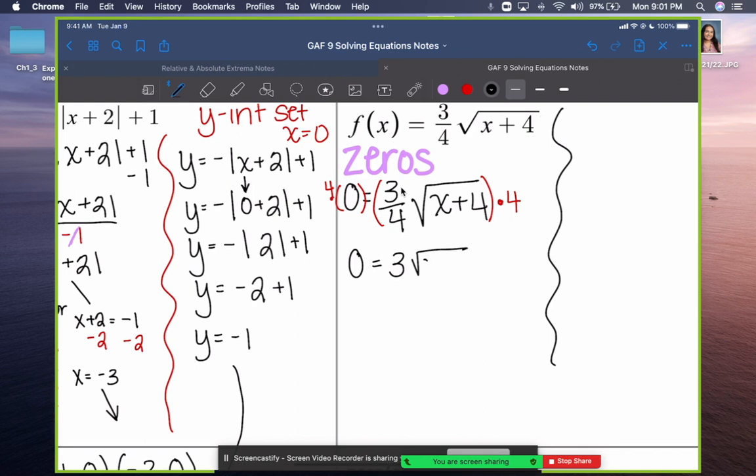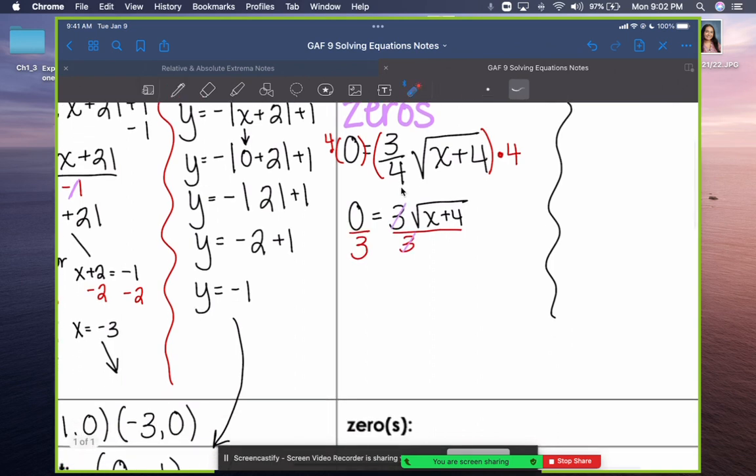Okay. Now I have that this is being multiplied, so I'm going to divide both sides by 3. Okay, this is just going to, again, result in 0 equals square root of x plus 4.